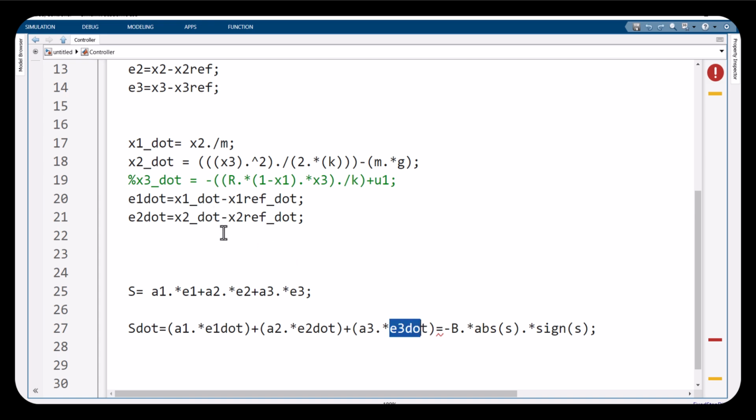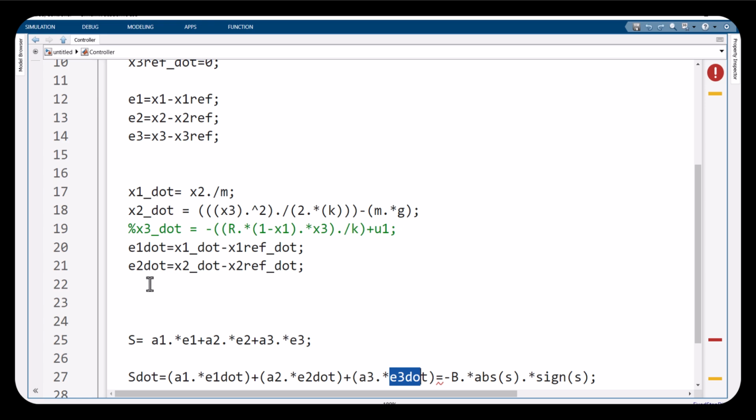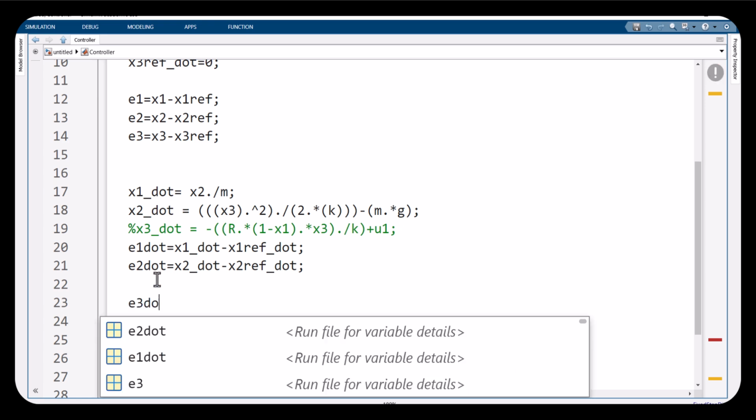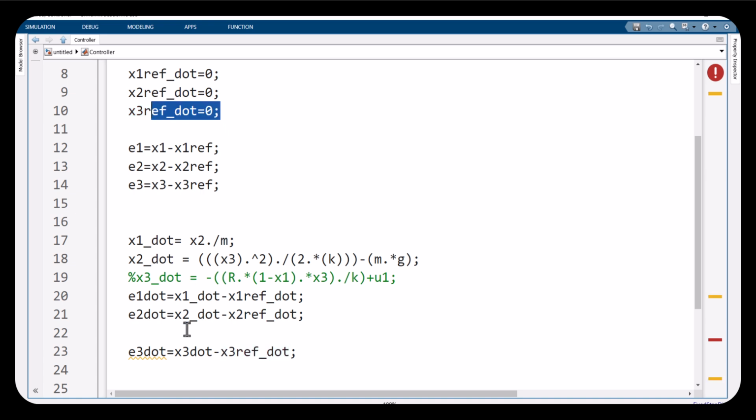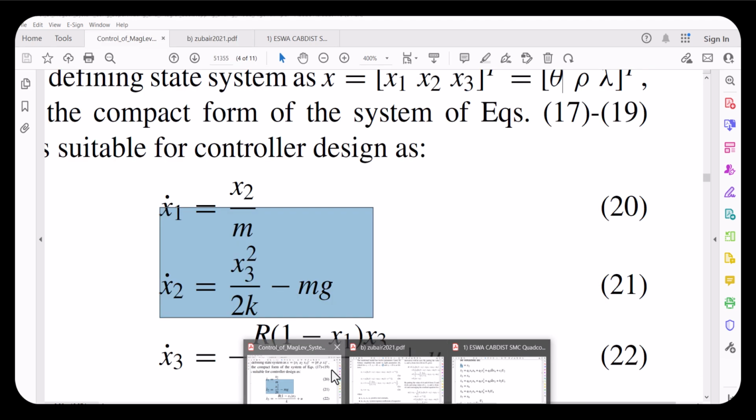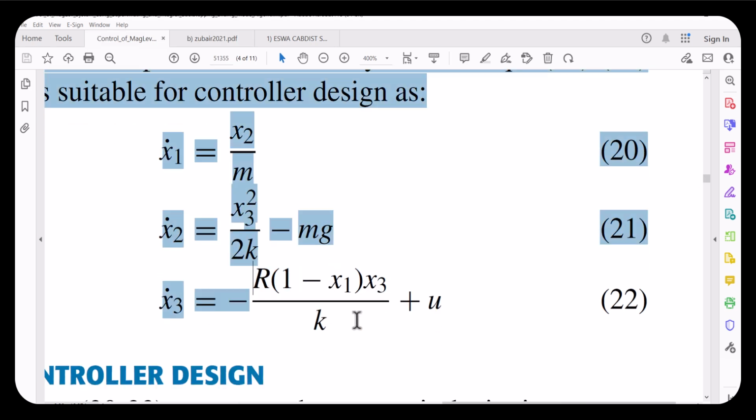So what is e3 dot equal to? e3 dot is equal to x3 dot minus x3 reference dot. We know the value of this x3 reference dot, which was 0, and this x3 dot can be taken from this point, right?